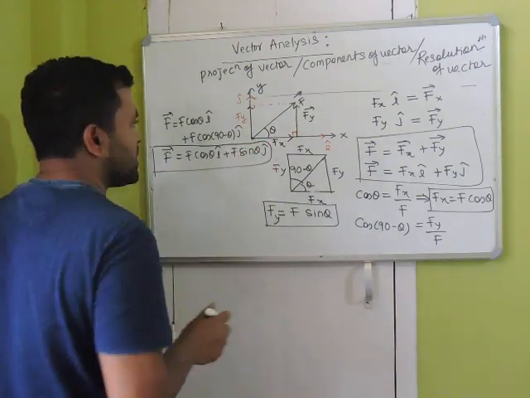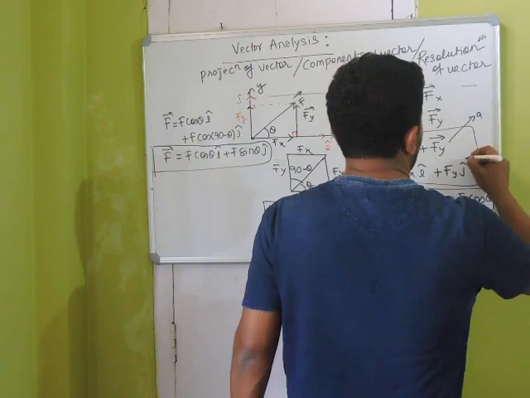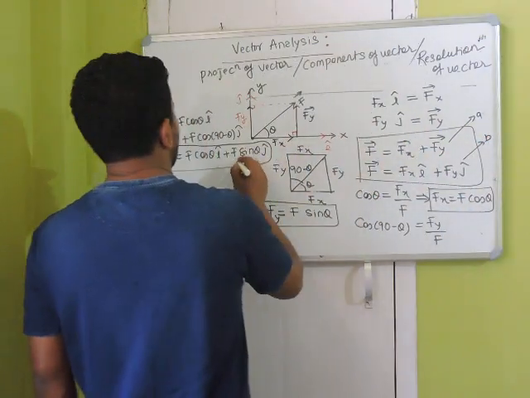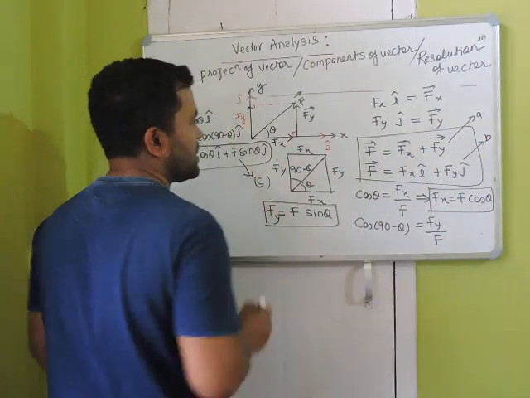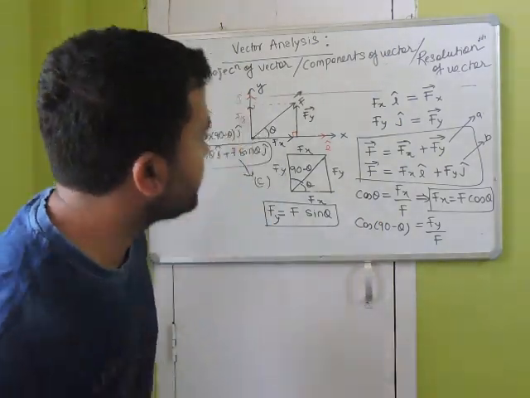Now what is amazing is that this relation, let us say this is A, this is B, and this is C, all are the same relation.